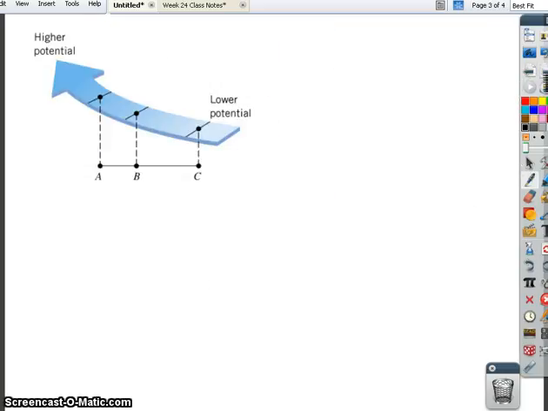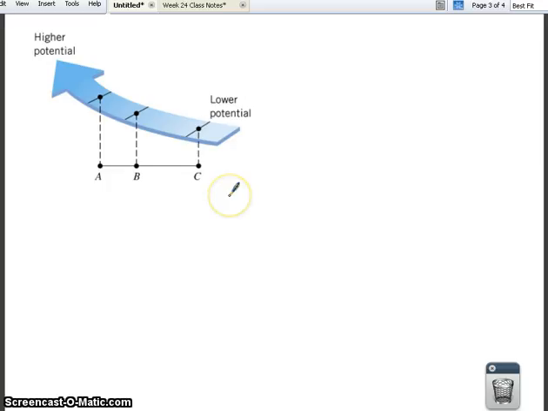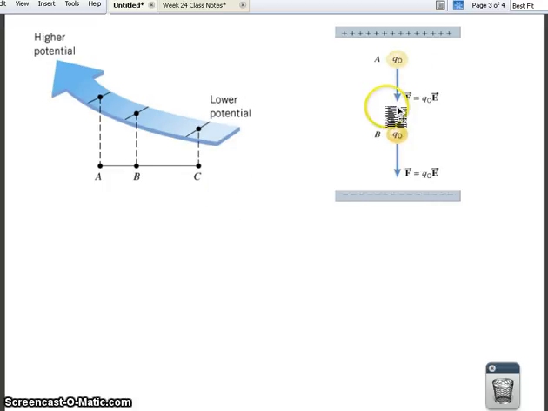So let's look, oh, excuse me. So here we have a graph showing a higher potential to a lower potential. And so let me add this picture here. If we look at this example, this is a lower potential area, this is a higher potential area.